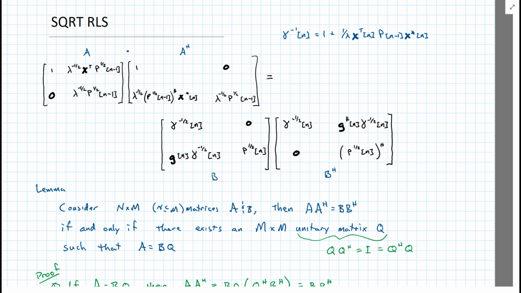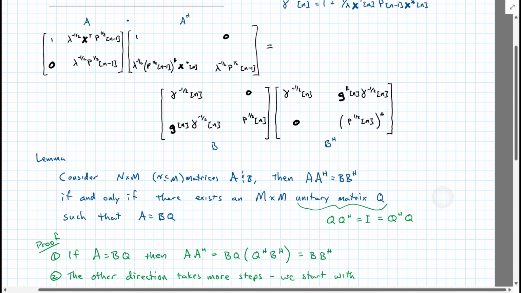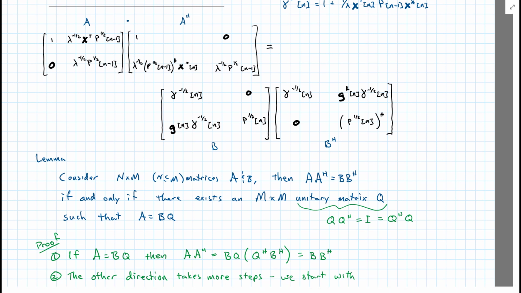And then we have this gamma inverse scalar that we defined in the previous slide or page of notes. And so, although this seems to have come out of the blue, we now have AA^H and BB^H equal to the same thing expressed in different ways.